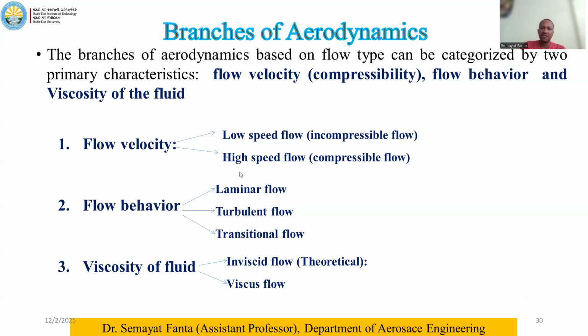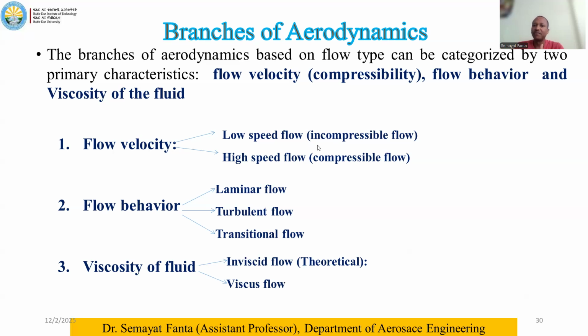Based on flow velocity, we can call it incompressible flow aerodynamics and compressible flow aerodynamics. Air at a low pressure and low speed becomes incompressible, particularly at Mach number less than 0.3, where air is considered incompressible. That means the density of air does not vary. But when the velocity is higher and higher, the air density becomes variable.